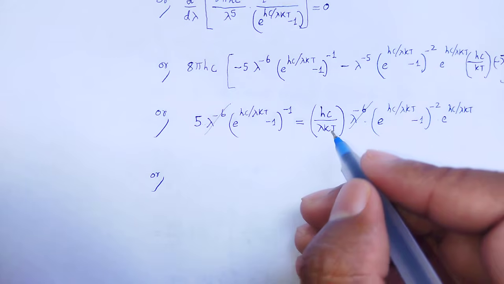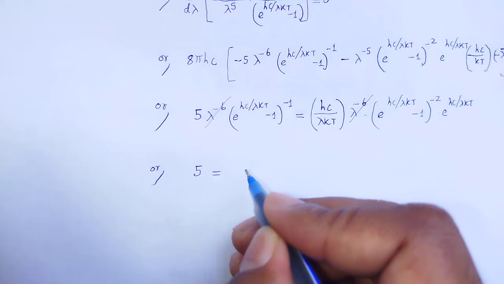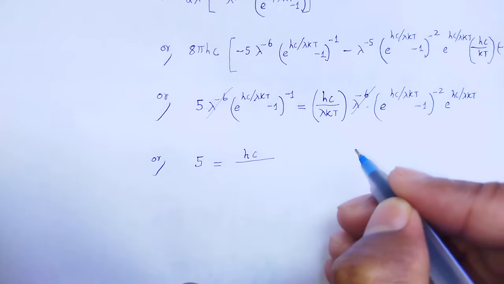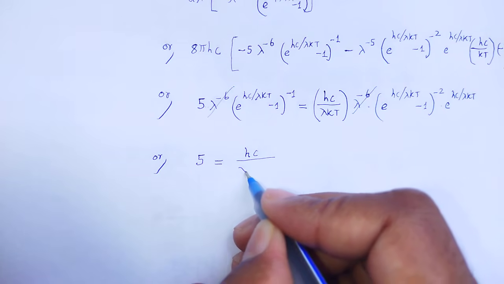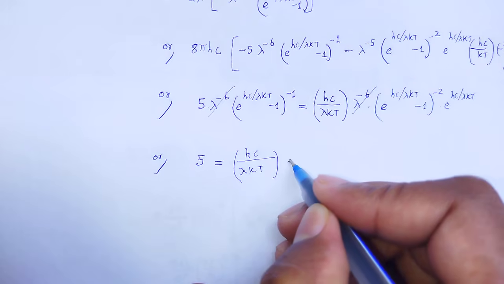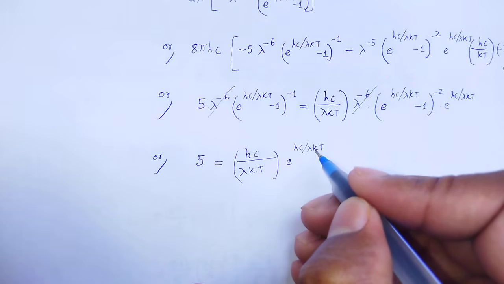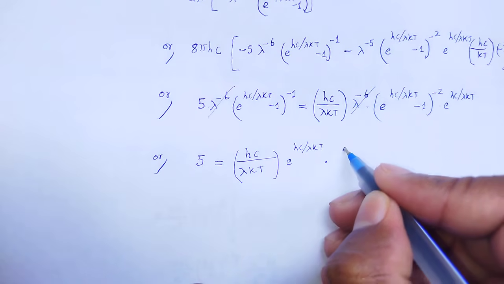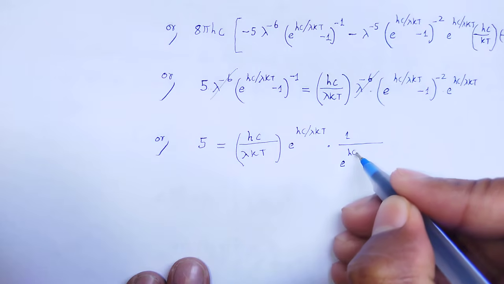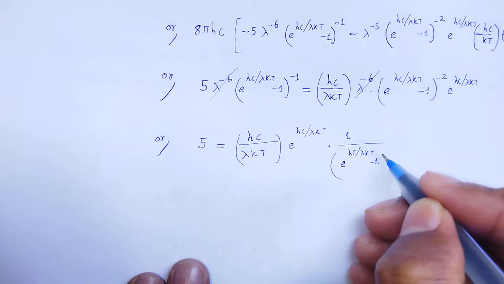Therefore, 5 is equal to SC divided by lambda kt, into e to the power SC divided by lambda kt, into 1 divided by e to the power SC divided by lambda kt minus 1.